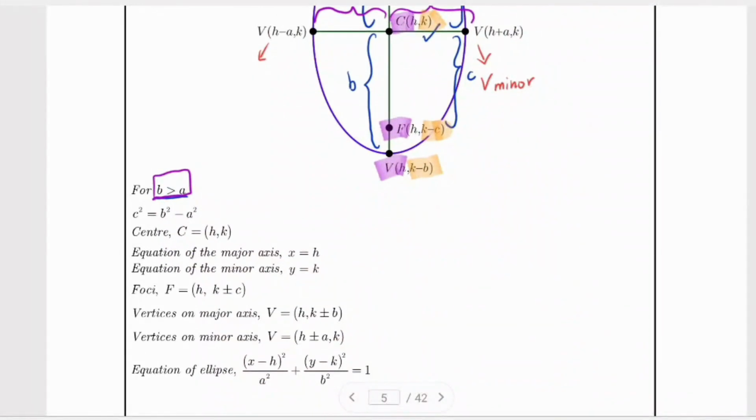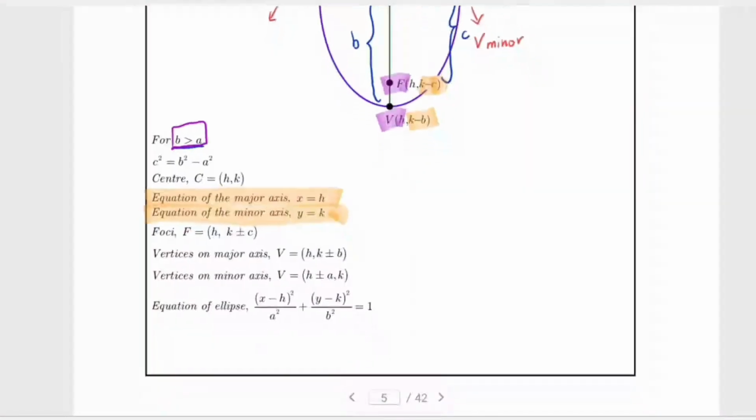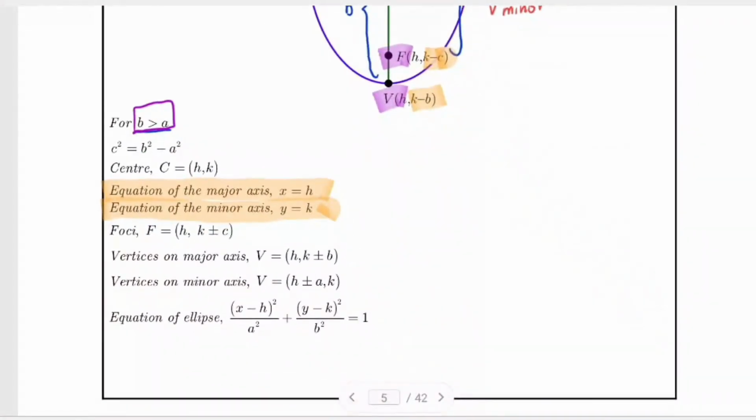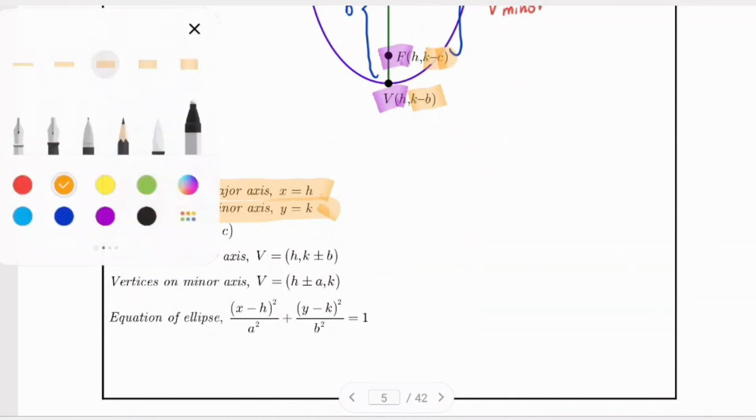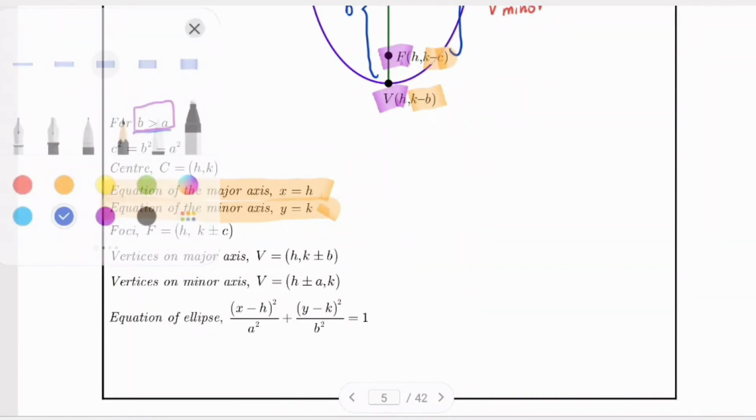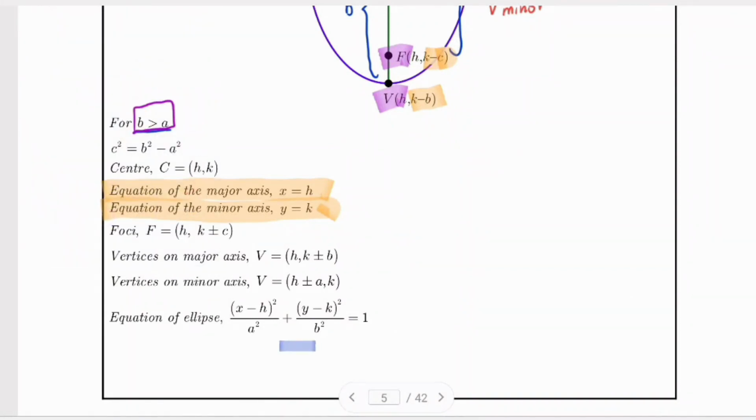The equation of the major axis will be x equals h, and the equation of the minor axis will be y equals k. For both shapes, the equation of the ellipse is the same: (x minus h) squared over a squared plus (y minus k) squared over b squared equals 1.